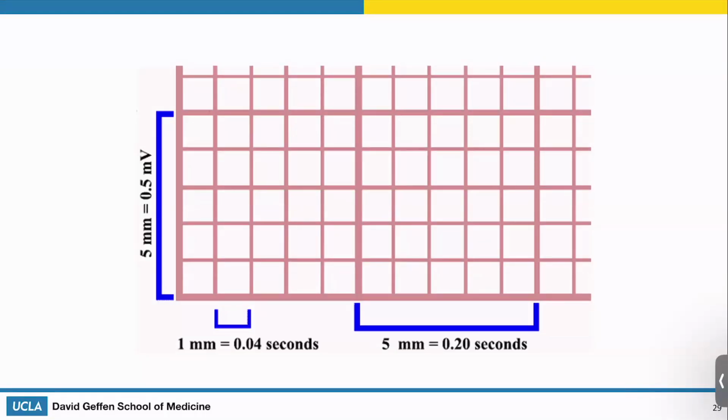So we've got these representing 0.04 seconds, or 40 milliseconds. And again, the big box of the 5 little boxes is going to be your 0.20 seconds, or your 200 milliseconds.